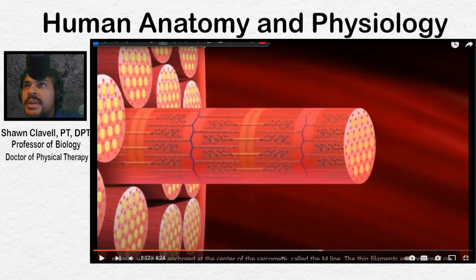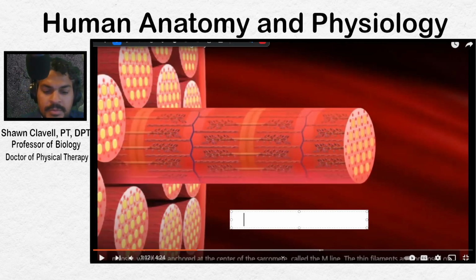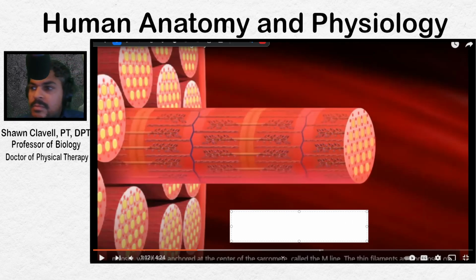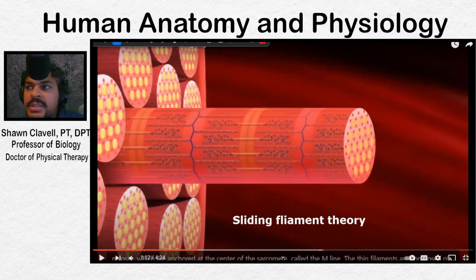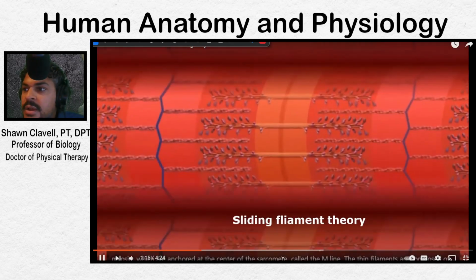The two myofilaments are basically two proteins contracting and sliding against each other.